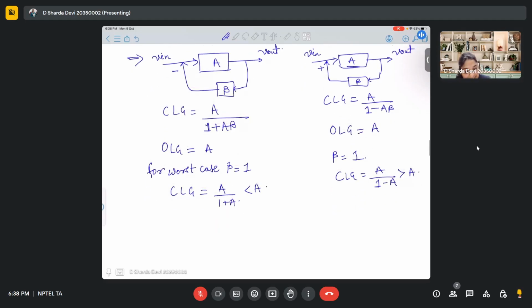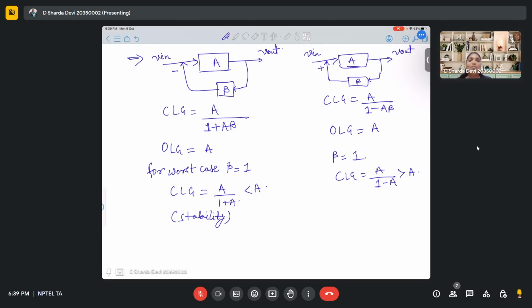So this is the reason that you get stability in negative feedback, because you are effectively reducing the gain of your system. Because of this behavior, your output stays bounded. But here you are continuously trying to increase your gain. Already your gain was, let's say, very high.